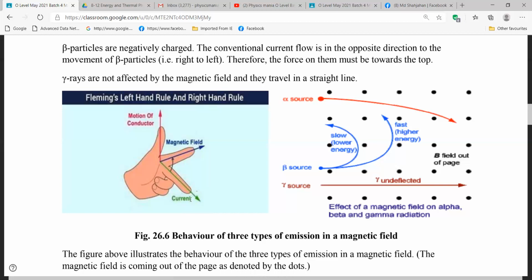And this one is conventional current flow. Okay, you write there current and you also write in bracket conventional. Conventional current flow means it is going from positive to negative.